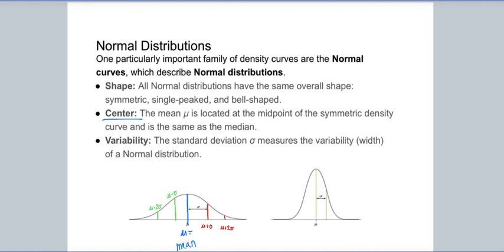So the standard deviation gives me my distance. Every time I go to another standard deviation, I'm either adding if I'm going to the right, or subtracting if I'm going to the left. So remember, mu is the mean. Theta is the standard deviation.